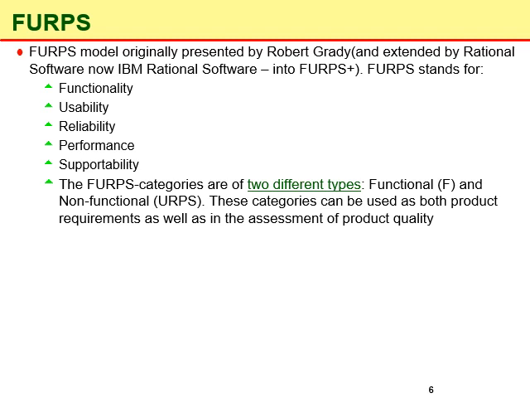An important point regarding the FURPS model is that unlike Boehm's and McCall's models, this model considers functionality explicitly as a quality characteristic, which is not the case with the two mentioned models. Usually, it is by default understood that a particular software system will meet its functional requirements.